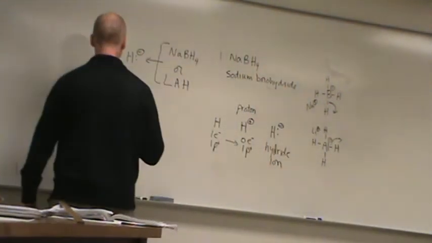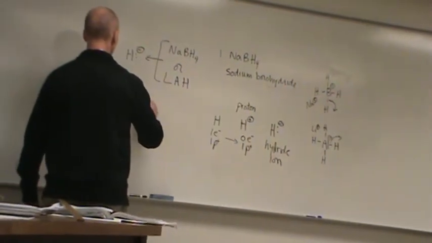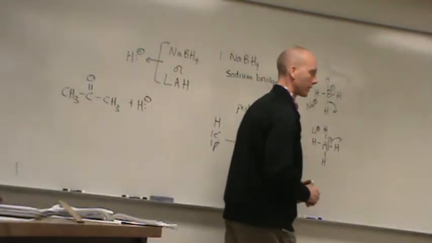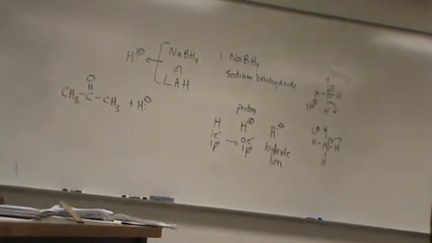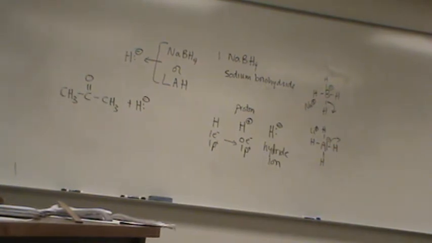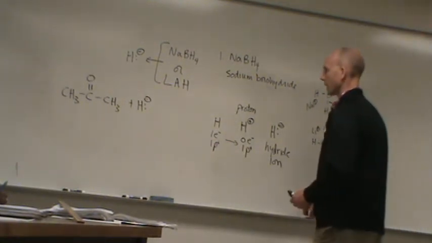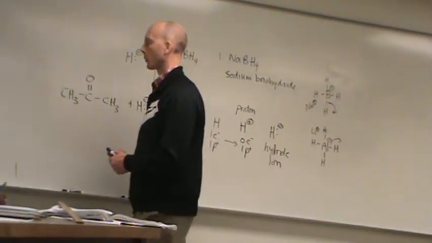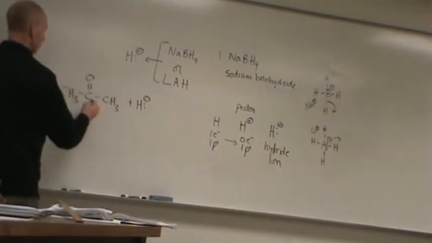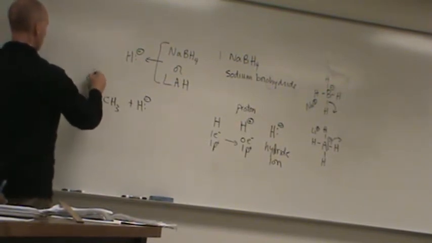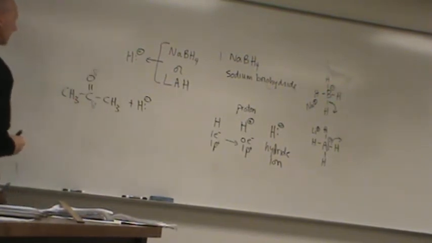And suppose we reacted it with the hydride ion. Where do you think the hydride ion will attack? If you remember our Grignard reaction, the carbon is delta plus, the oxygen delta minus.